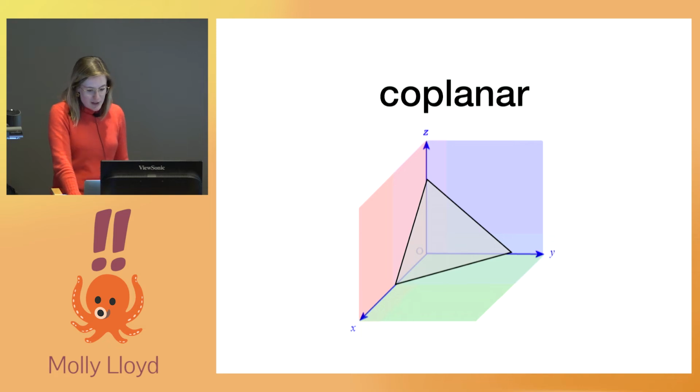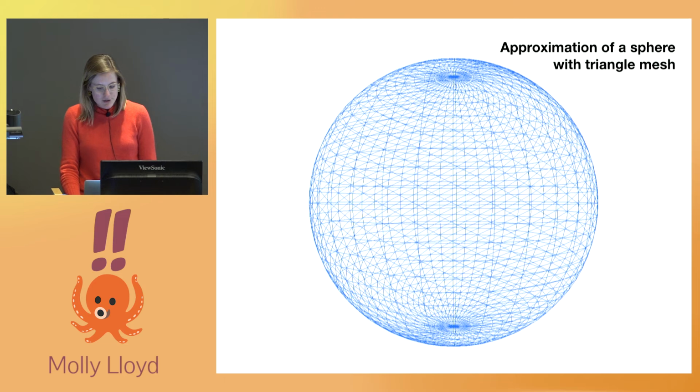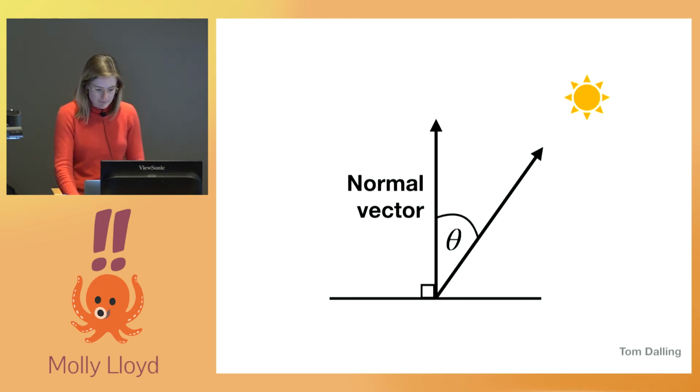The last triangle property I want to talk about is that all vertices of a triangle are guaranteed to be coplanar. One of the reasons this is important is because 3D computer graphics uses simulated lighting to enhance rendering and make objects rendered on a two-dimensional screen appear to be three-dimensional. Without light and shadows, three-dimensional objects look flat, like this.